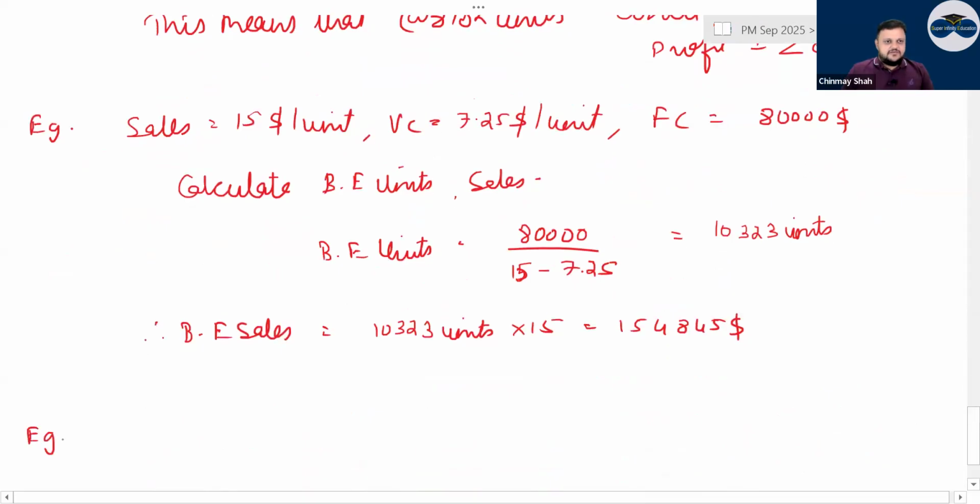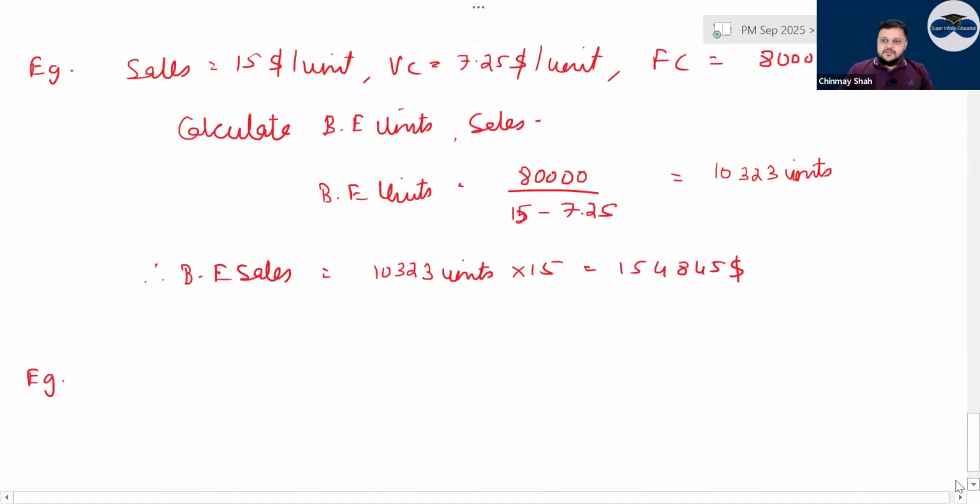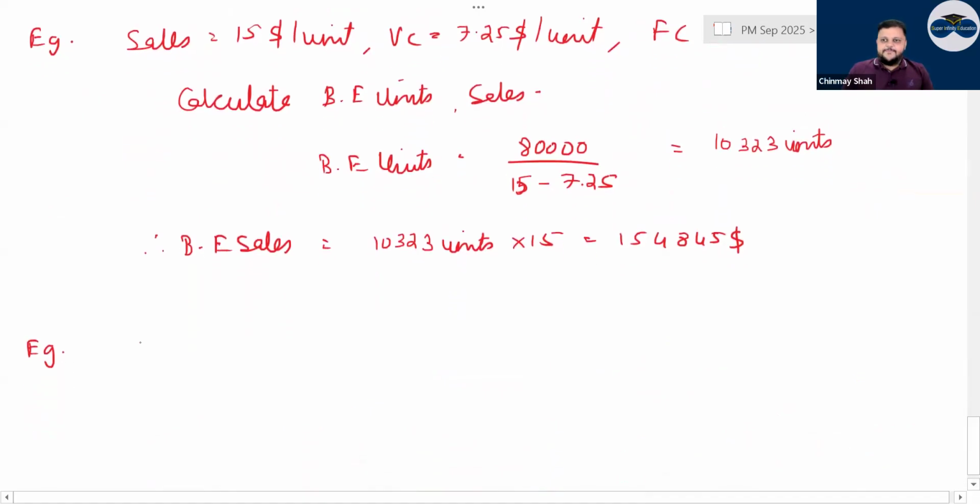Example. Now see what I'm doing. Sales is equal to $500,000. Now I'm giving sales in dollars. Variable cost is equal to $275,000.